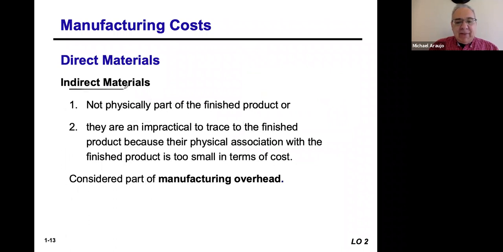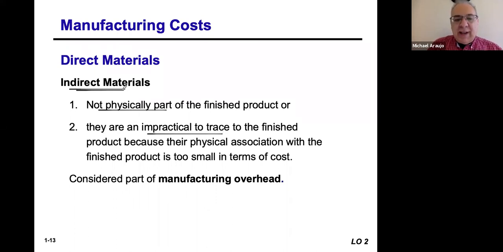And then you have indirect materials. So they're not physically part of the product itself. And you can't really trace them because the association is so small that it'll drive you crazy.